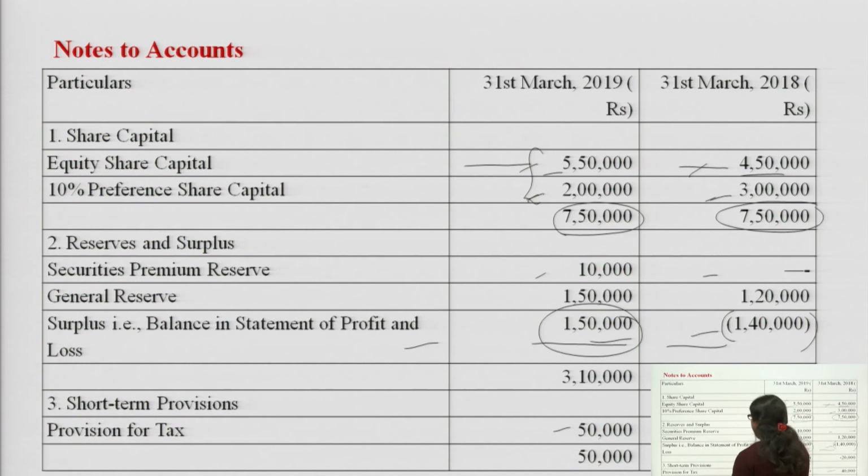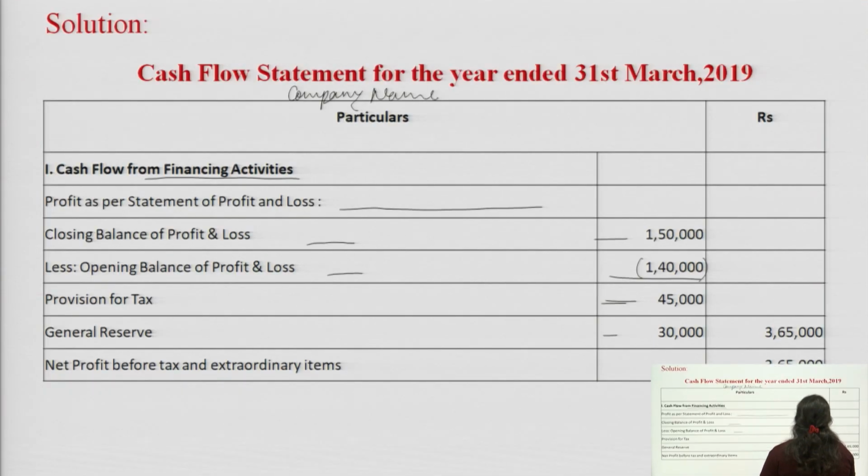We need to look at the provision, which is 40,000 and 50,000. For this year it is 50,000. We have taken the general reserves also. By adding all these, the total comes out to 3,65,000, and it is known as the net profit before tax and extraordinary items, 3,65,000.